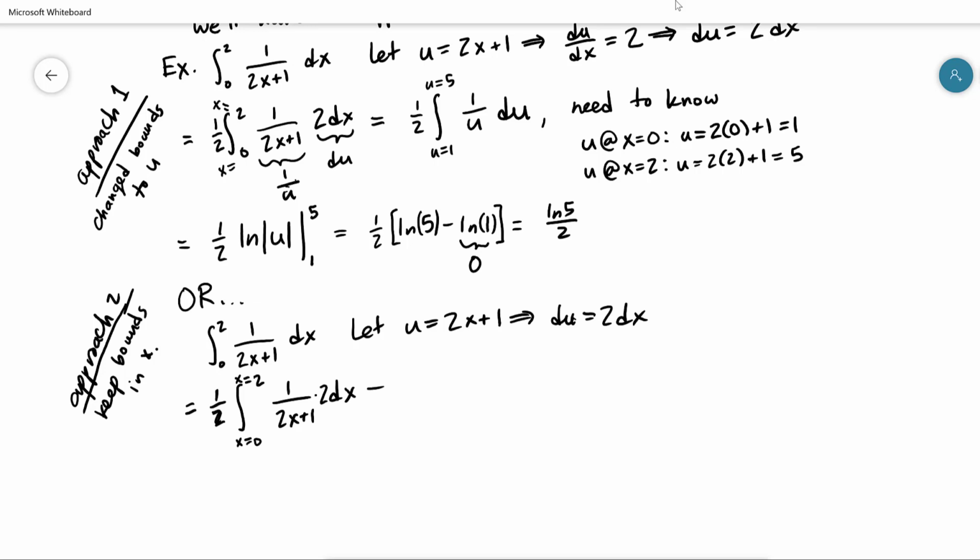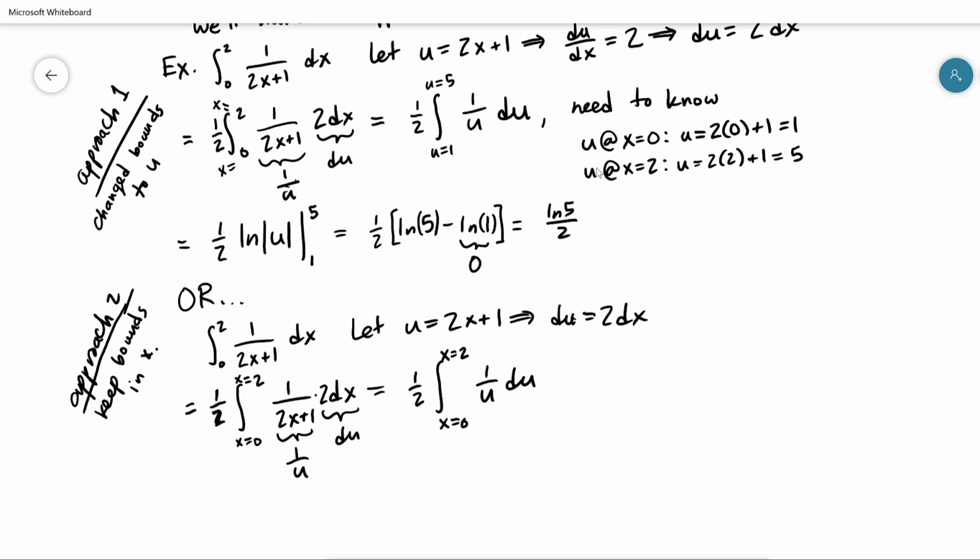And this is our du, and this whole thing is 1 over u, and so we can rewrite it as 1/2 times the integral from x equals 0 to x equals 2 of 1 over u du.